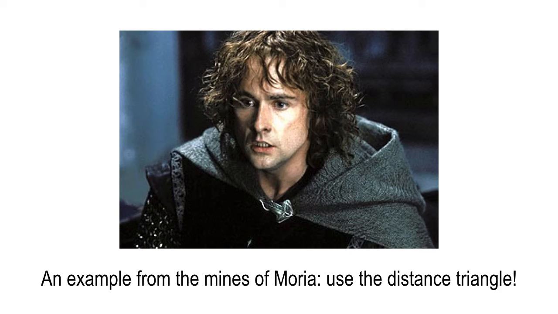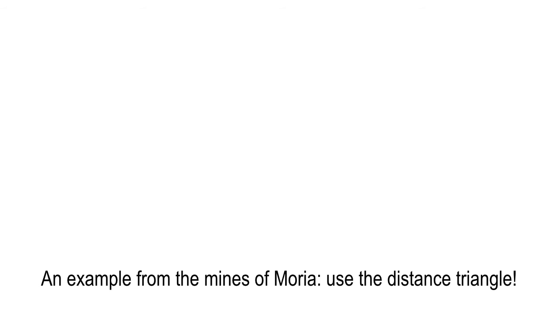Another thing that we talked about around that time was dropping something down a well in the mines of Moria, by Peregrine Took. To figure out how far something falls when you release it from rest, we had to figure out the distance triangle.